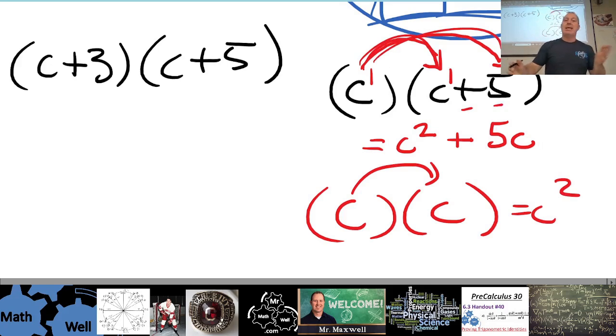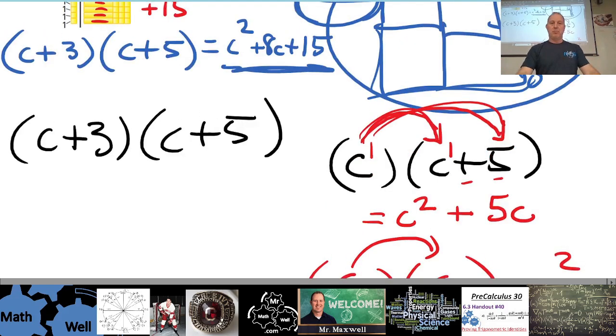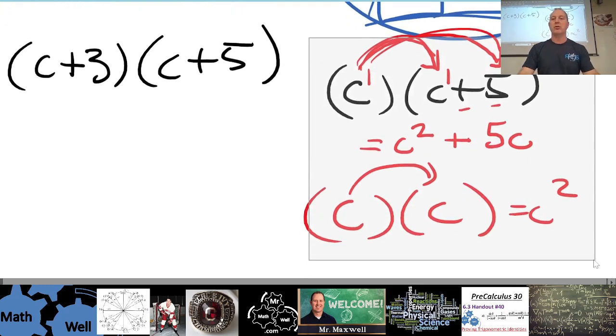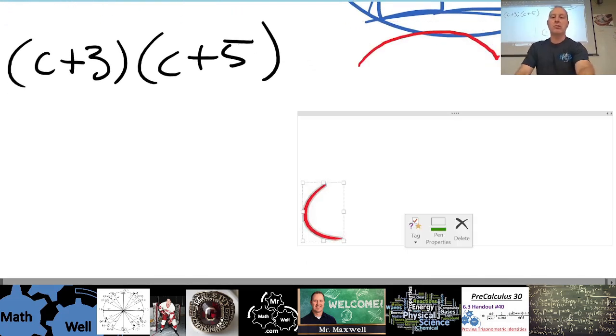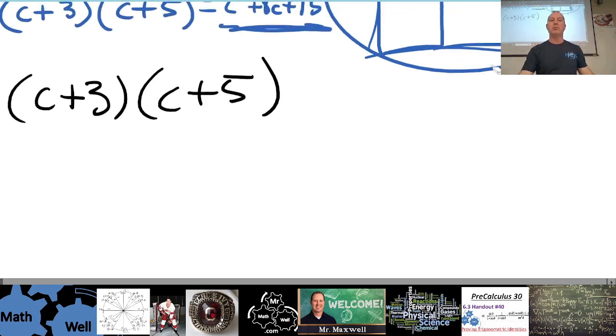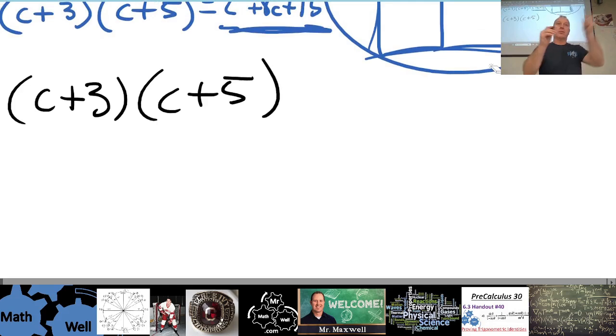Now in this situation, c plus 3 times c plus 5, I basically have to do 2 levels of distribution. I have to distribute the first term here to both of these terms, and then I have to distribute the second term also to both of these terms in the second one. So there's a memory mnemonic that helps you remember how to do this distribution, and it's called the FOIL method.